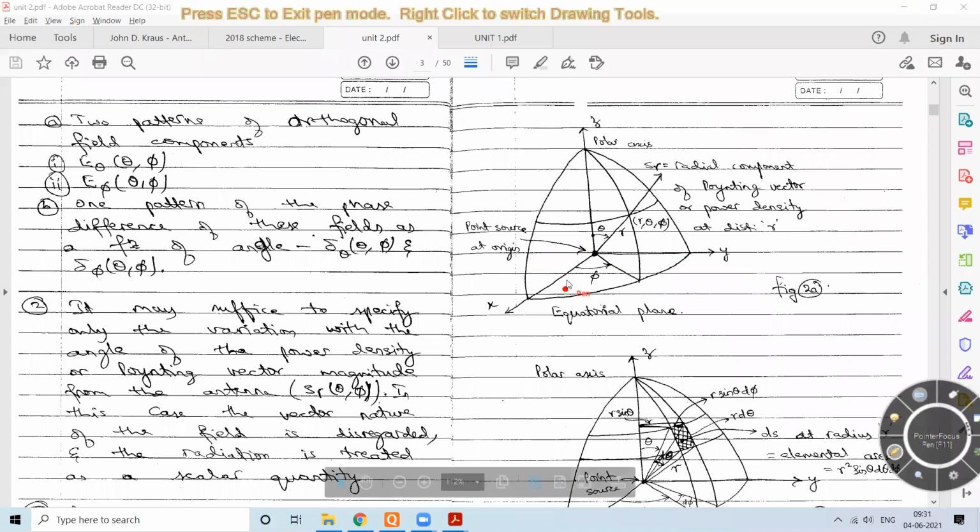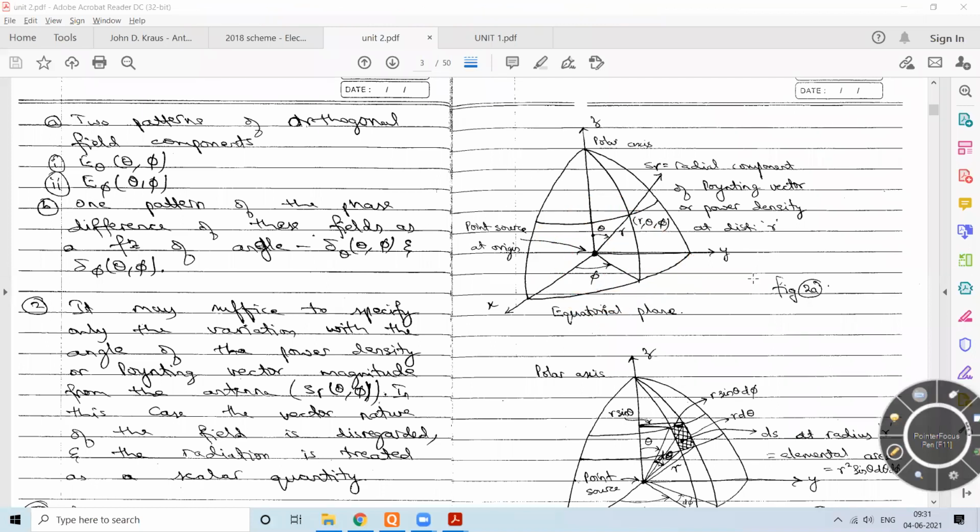Similarly, with respect to theta, you place the antenna over here, change the theta values, and observe. Again, this distance is kept constant, and you observe along the circle, that is, the observation circle. When I combine the theta and phi variations, I'll have the overall representation in terms of three dimensions.